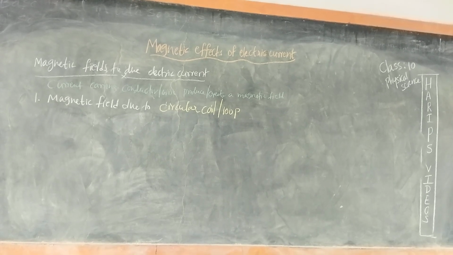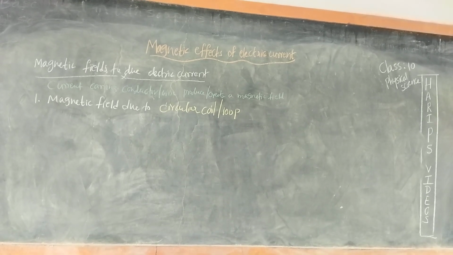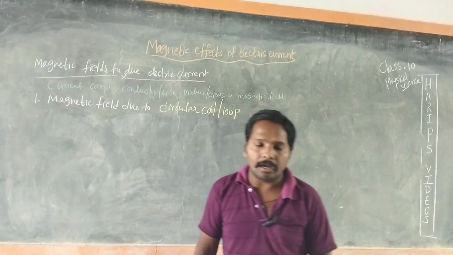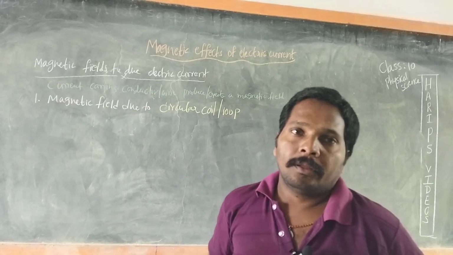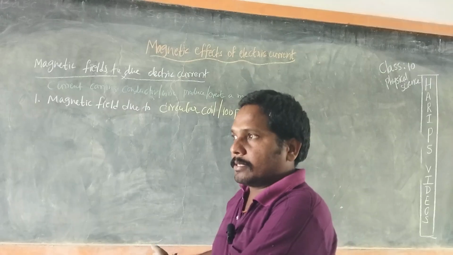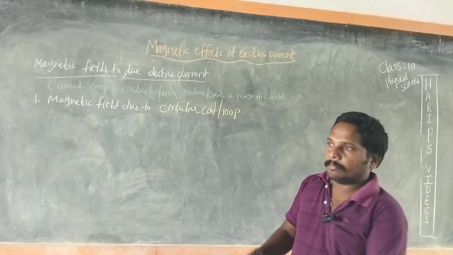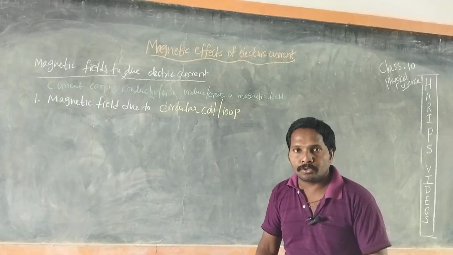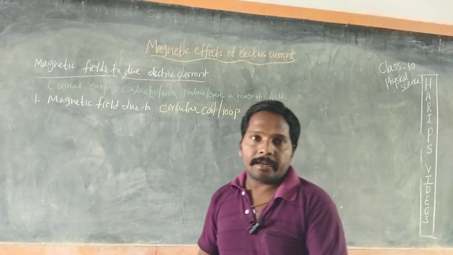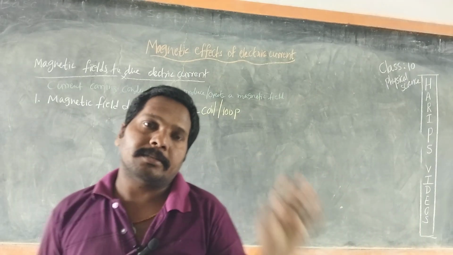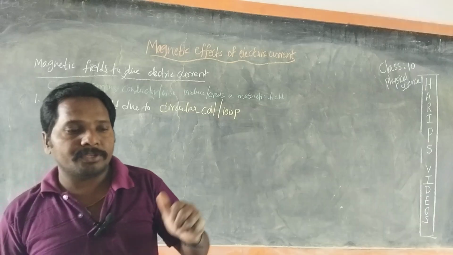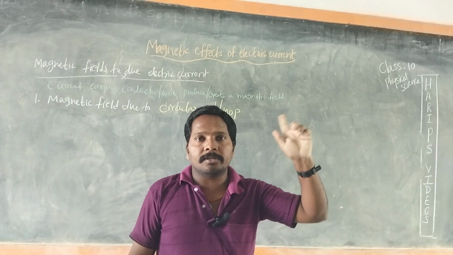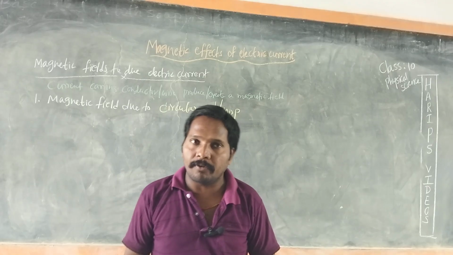Right. Next, second one, magnetic field due to circular coil or a circular loop. Previously we discussed magnetic field due to a straight wire carrying current, in which direction the current is flowing and in which direction the magnetic field is formed.